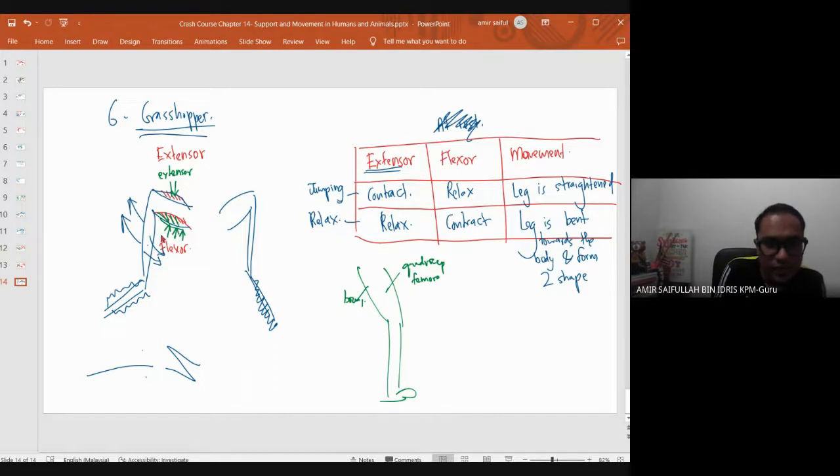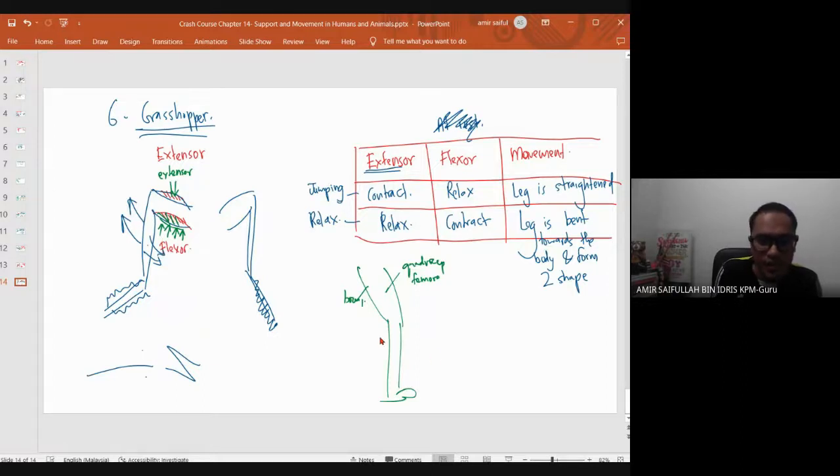That is the name for grasshopper. It doesn't have a scientific name. So flexor: if flexor contracts, the leg will be bent. When extensor contracts, the leg is straightened.